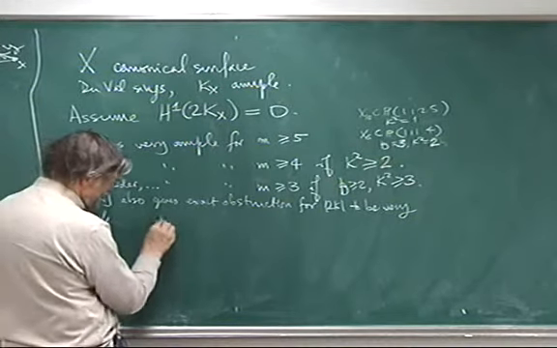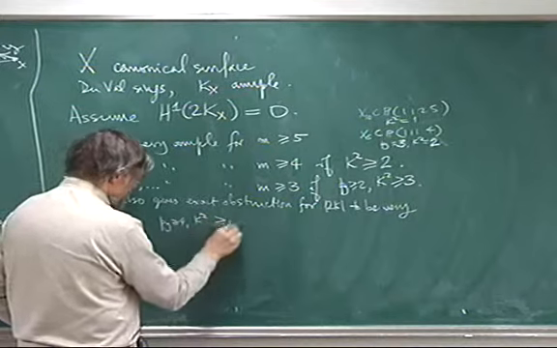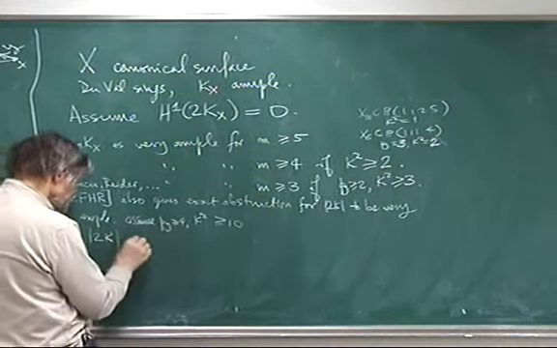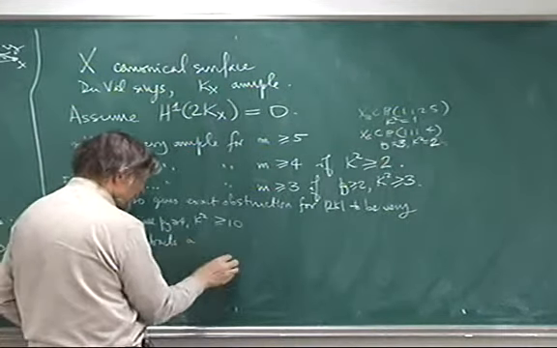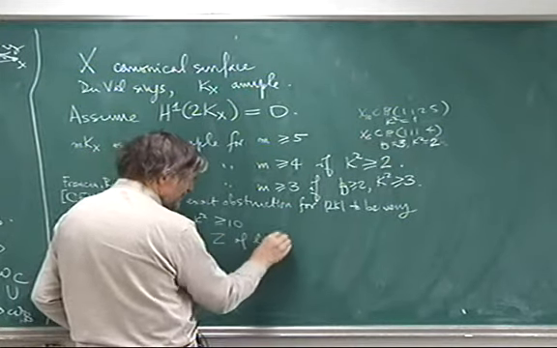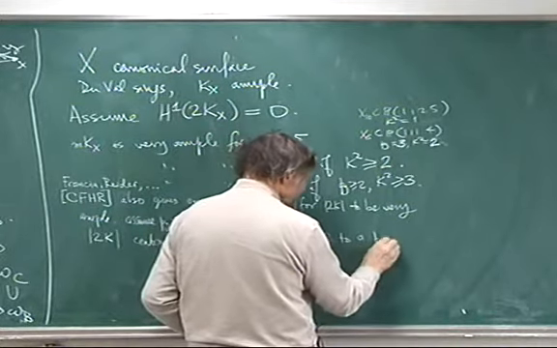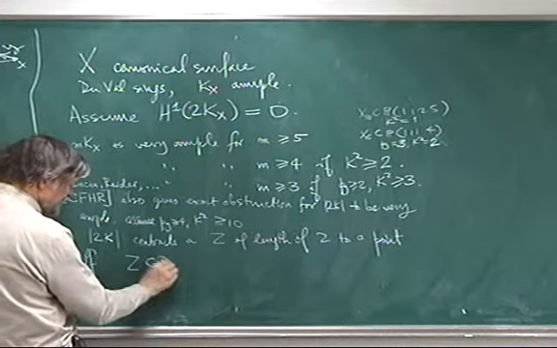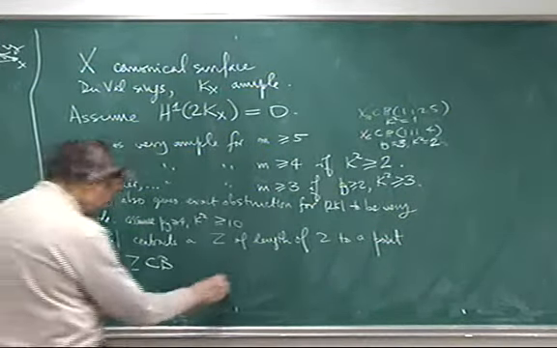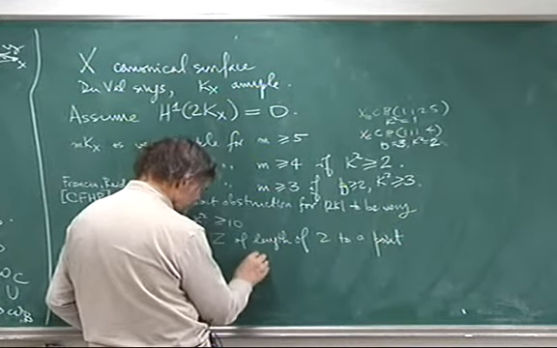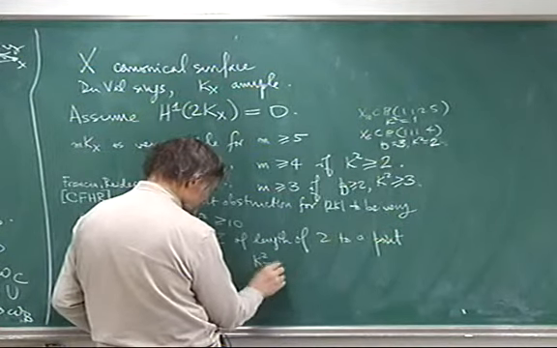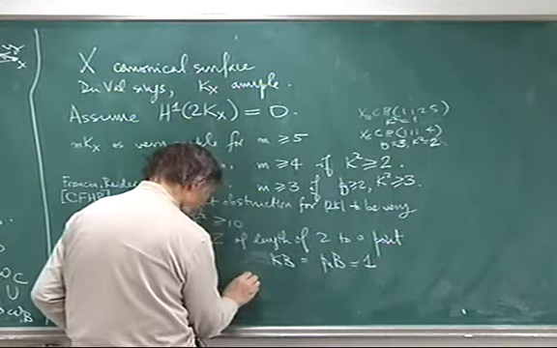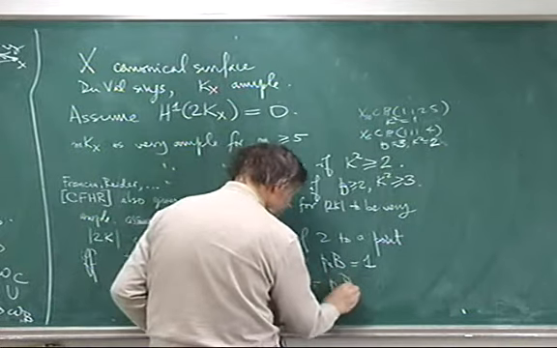So if you assume, for example, that p_g is greater than or equal to 4 and K squared is greater than or equal to 10, then 2K contracts a Z of length 2 to a point if and only if Z is contained in a curve B, so two cases: K·B equals p_a of B equals 1, or K·B equals p_a of B equals 2.